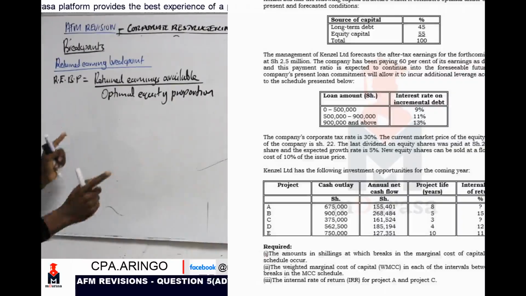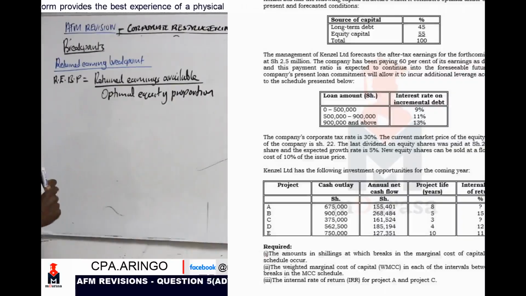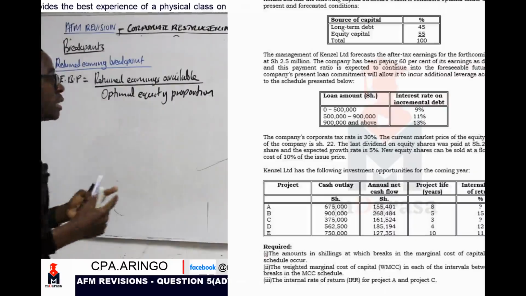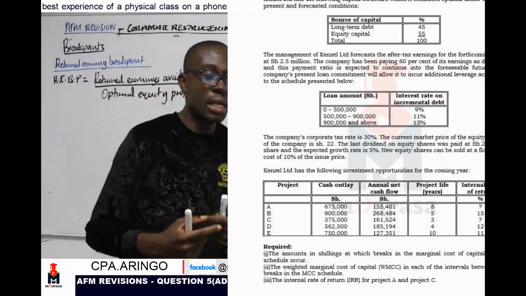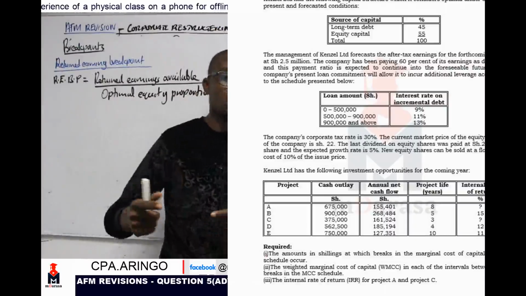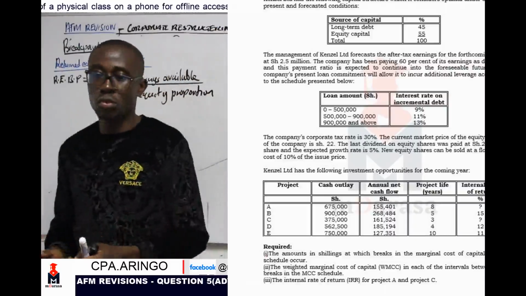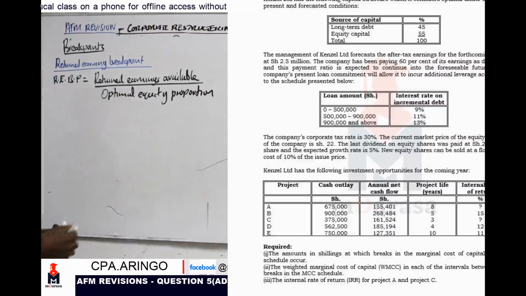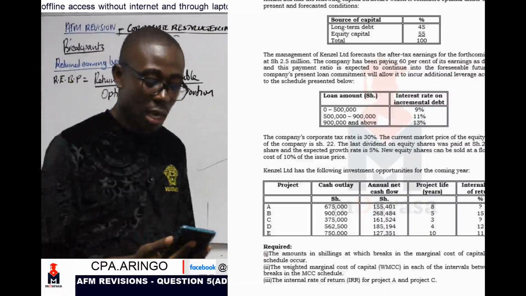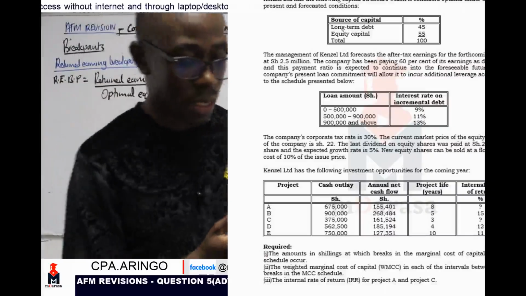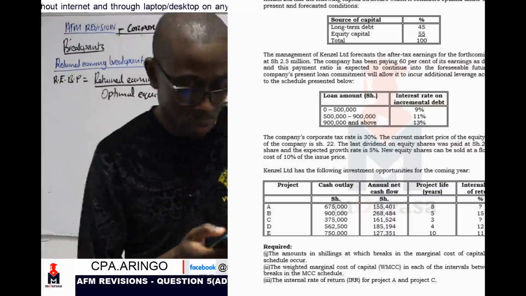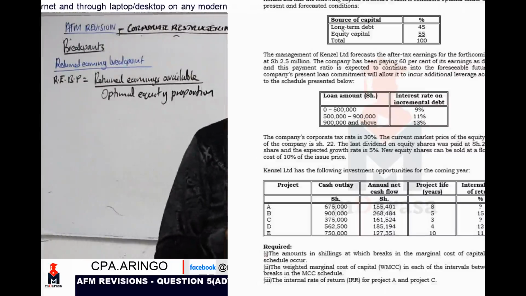Then, in our existing capital structure, what is the optimal equity proportion? What equity can literally give to these new funds that we need to raise or to finance these new projects? So what is our retained earnings available in this case? Our good examiner had given us the proportion of our equity capital. But look at this case.